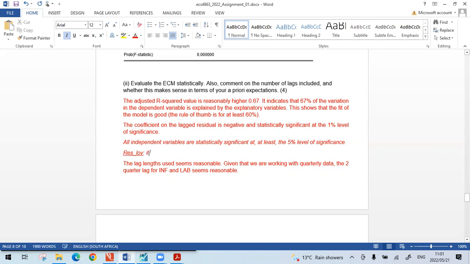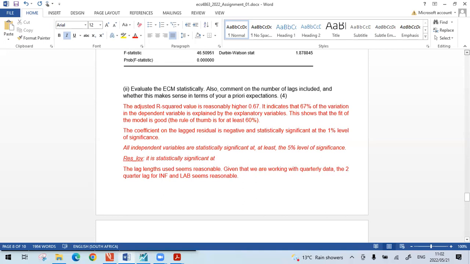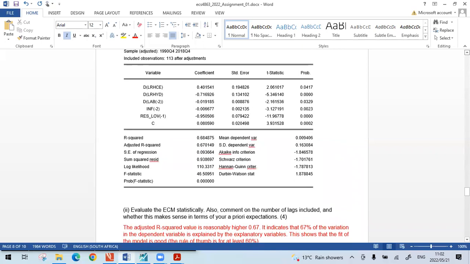Yes, it is statistically significant. At what percent level of significance? Tell me. 1%. Why? P-value is less than 1%.